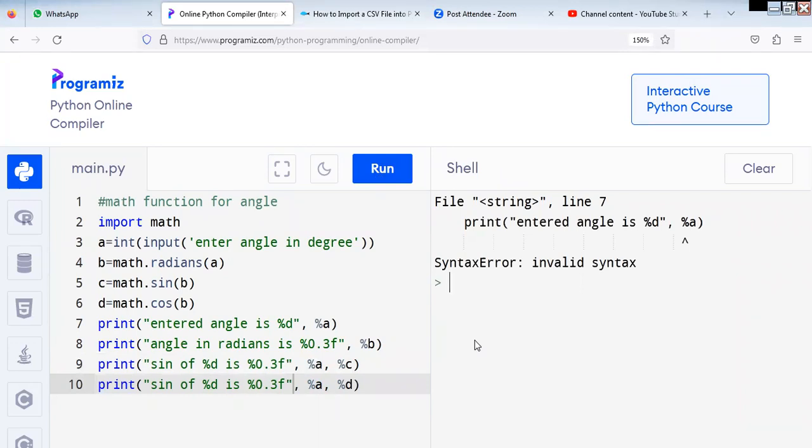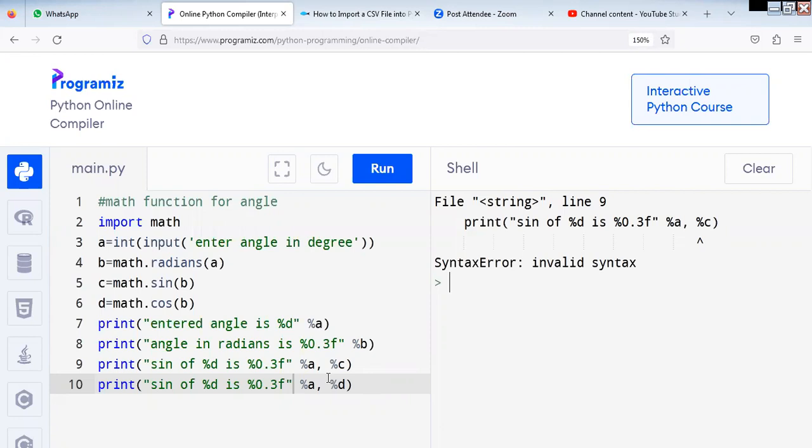Percentage A. So we need to modify this as per your requirement.